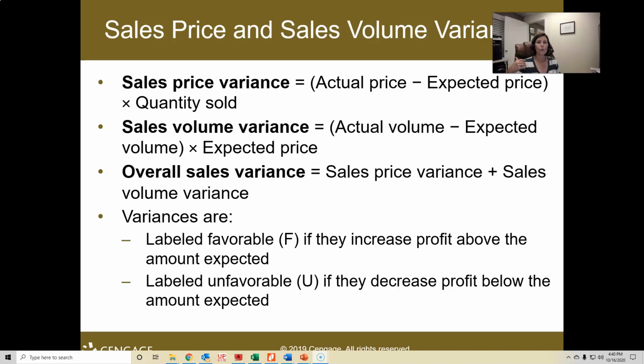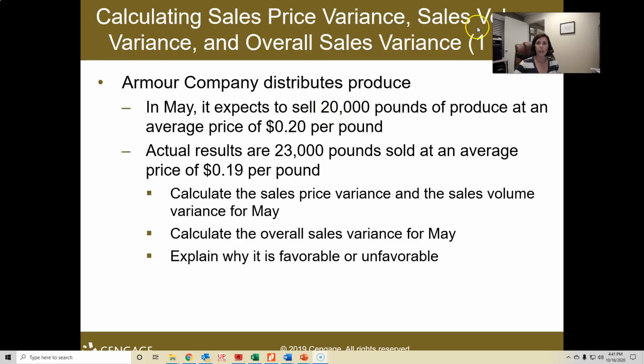So if we forecast a sales price and what we ultimately actually have is different than our forecast, we're going to have a variance. It could be a favorable variance, which means we did better than forecasted, or we may have an unfavorable variance, which means we didn't meet our target projections.